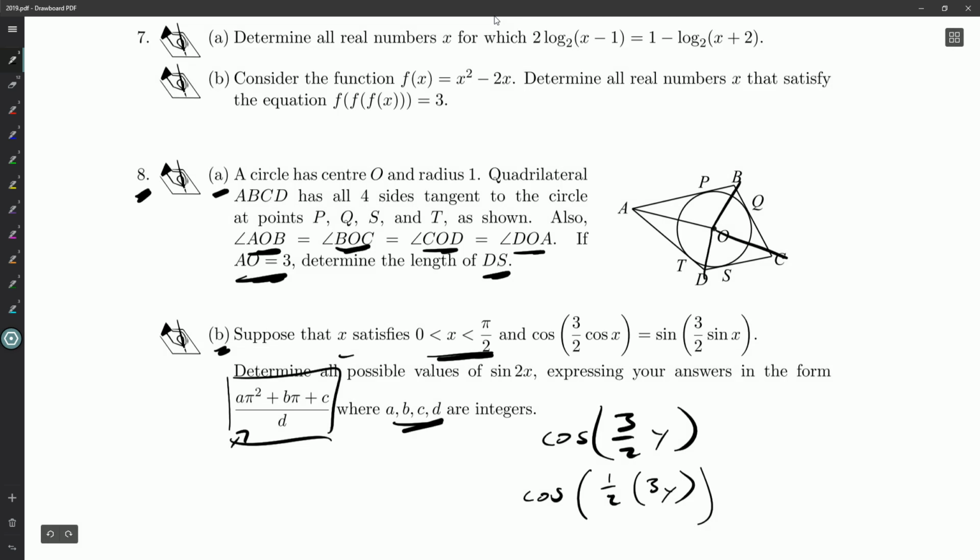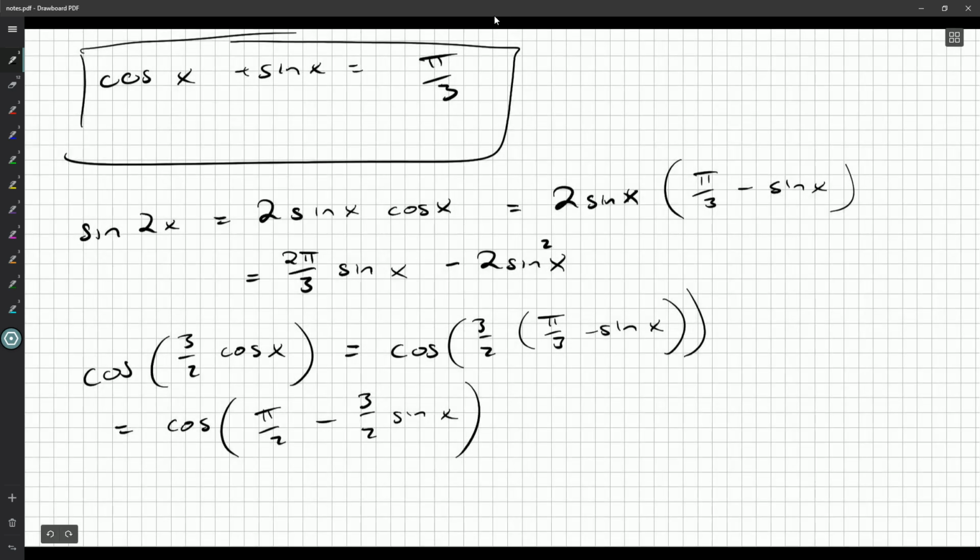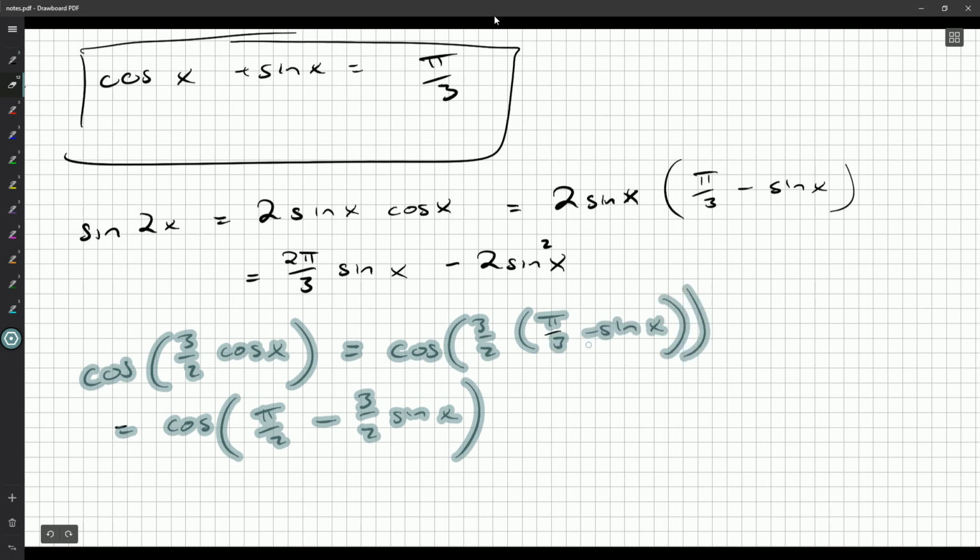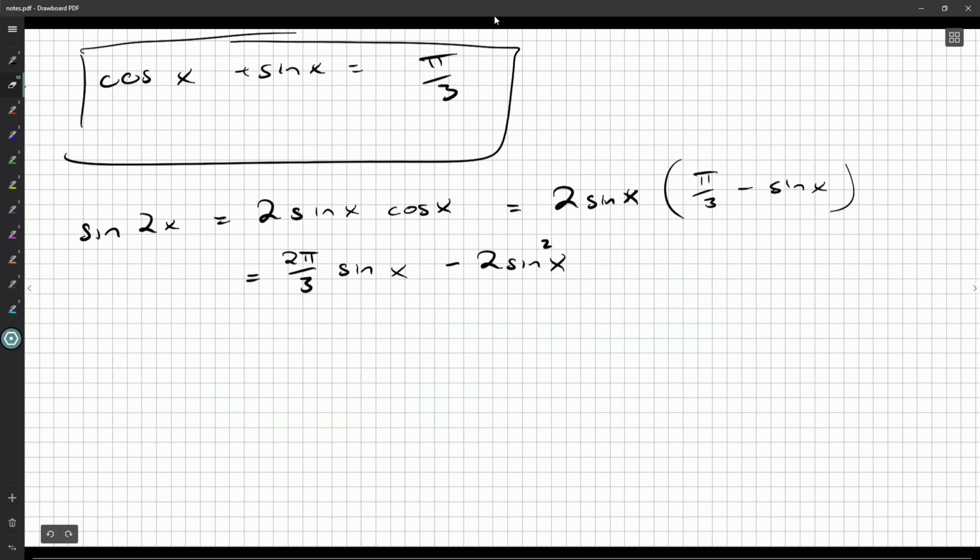Do we have any other pieces of information? No, it's just the cos of the cos and the sine of the sine. That doesn't tell me anything new, and possibly is an observation I could have made another way.